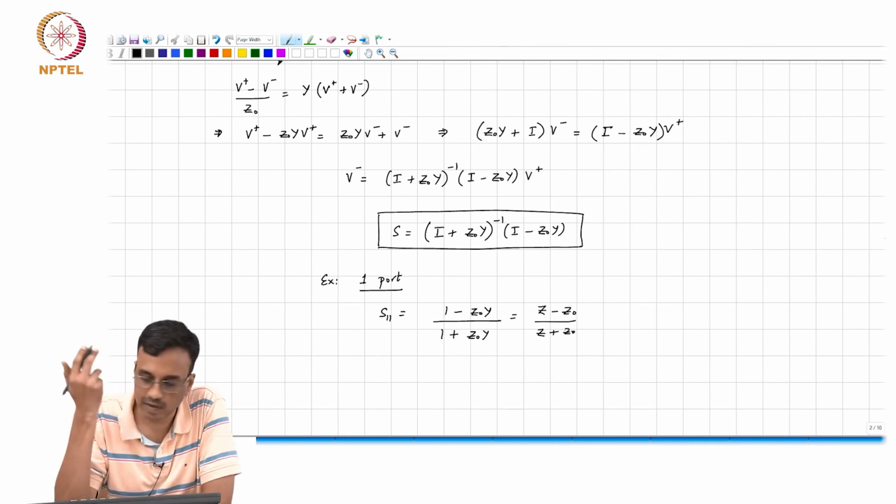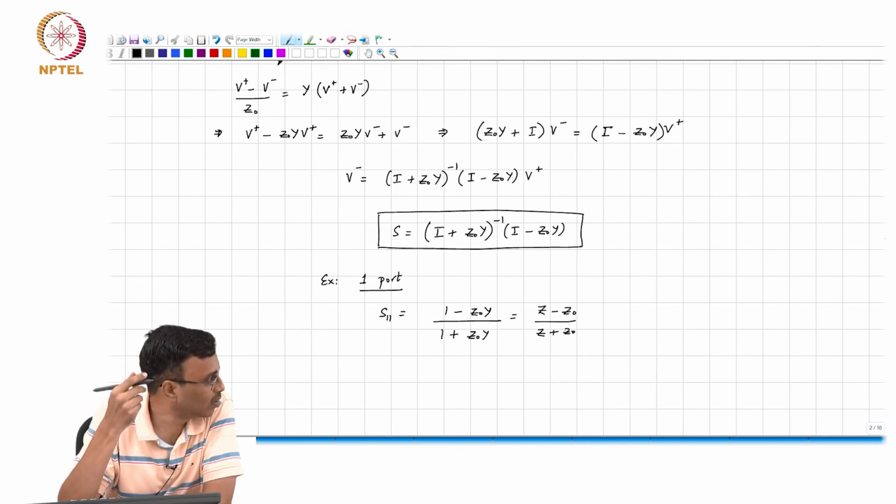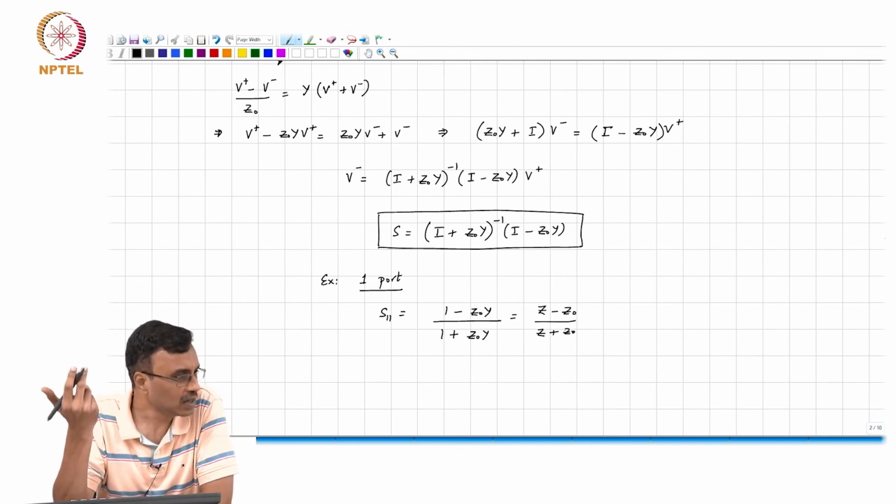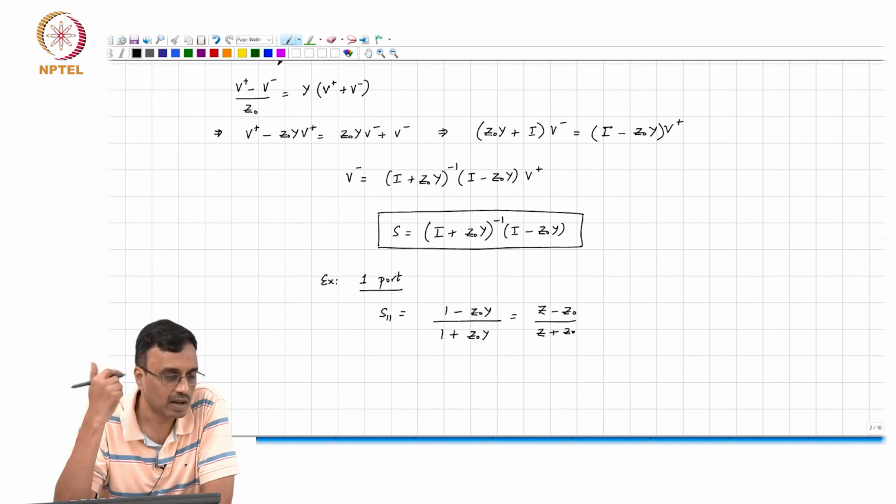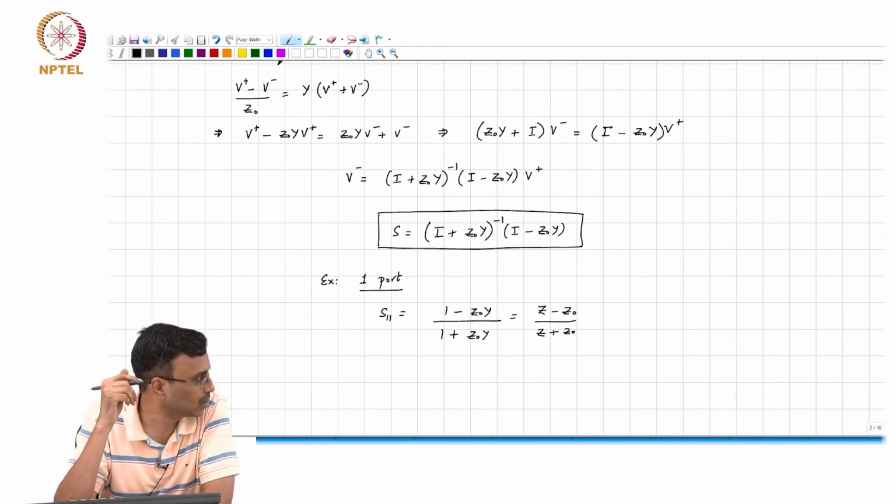That makes sense, because Z minus Z naught by Z plus Z naught is nothing but the reflection coefficient, which also happens to be the S11 of that one port.